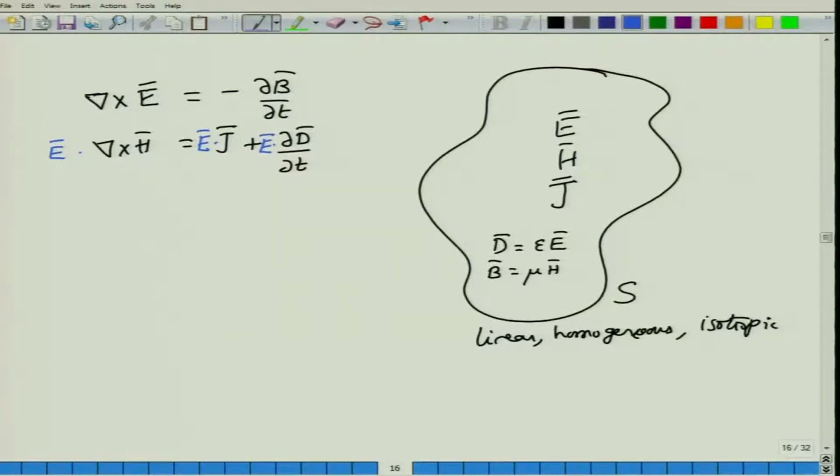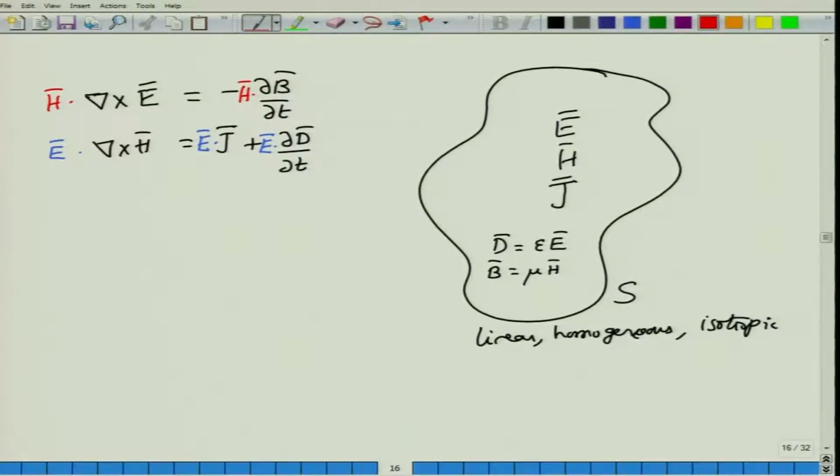So, this is what happens after you take E and dot it on both sides. Then you have H, which I will dot on both sides. So, I have minus H dot del B by del T on the right hand side. Now, what I do is I simply subtract these two equations.